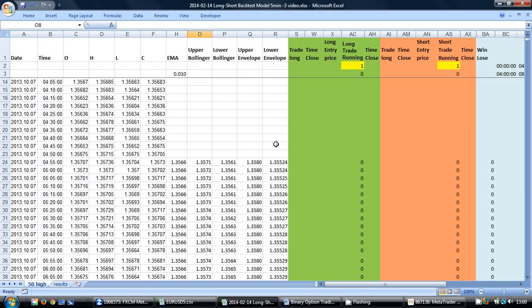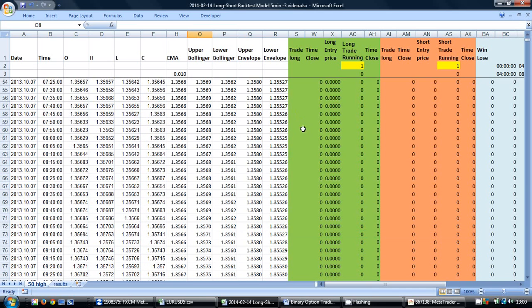You would need to have a note of the entry price, of course. I like to also know when and whether we have a trade running at the time, and I use this column for that. And then finally you just need to take a note of the closing price and whether or not the trade was profitable.